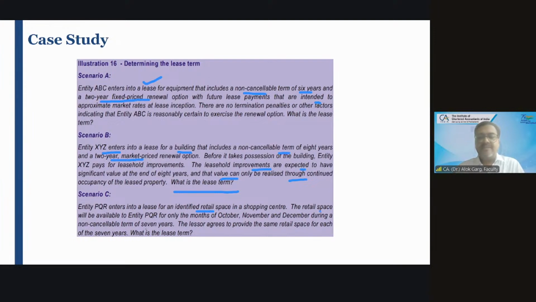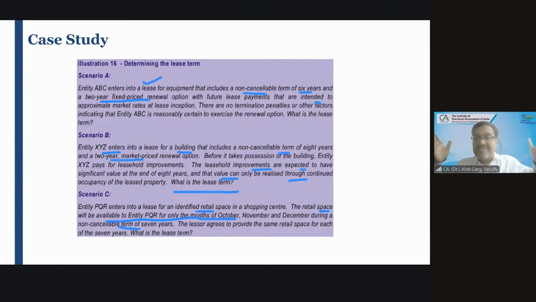The retail space will be available to entity PQR, the tenant, the lessee, for only the months of October, November, and December during a non-cancelable term of 7 years.